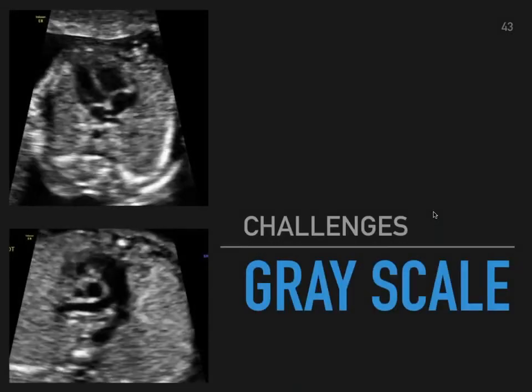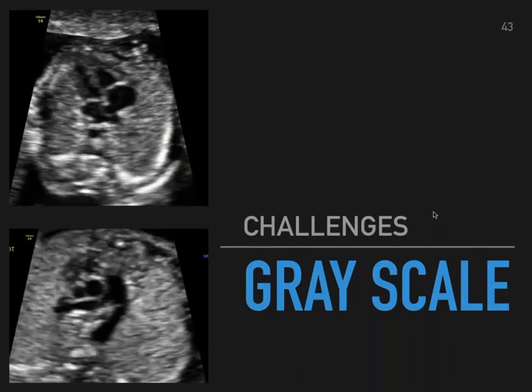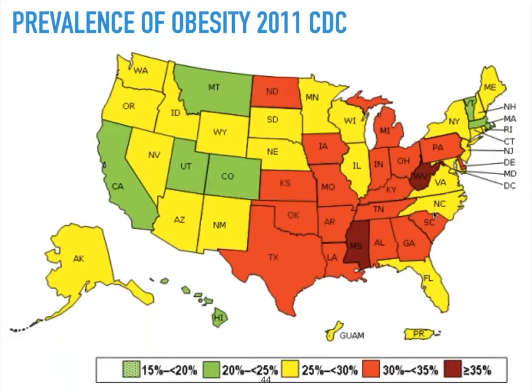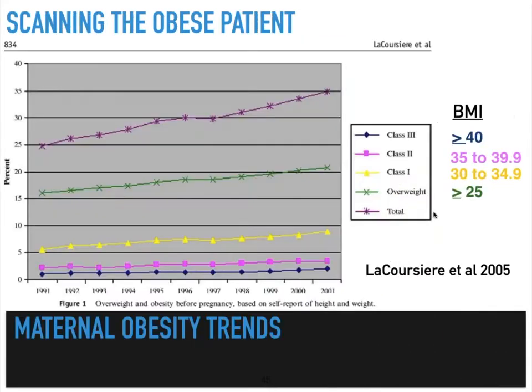So now moving on to the challenges that we encounter in grayscale. Morbid obesity accounts for one third of the population and more than half of pregnant women in the United States. Here's a very interesting article by Le Corsier et al. back in 2005, showing the maternal obesity trends.